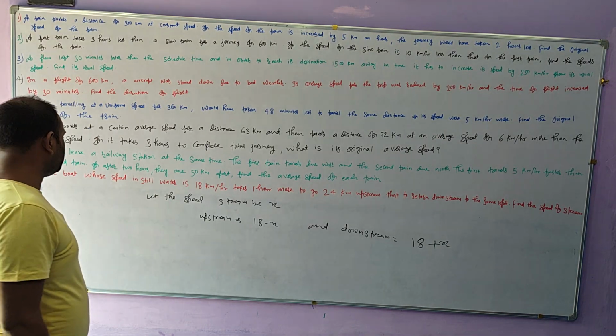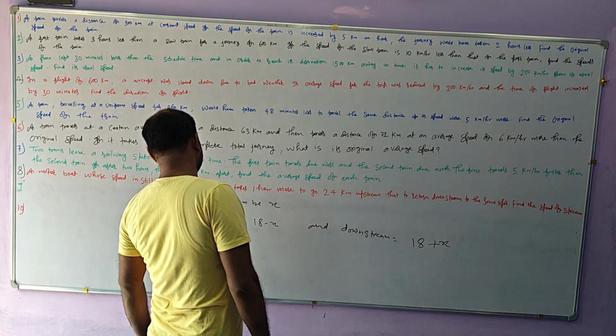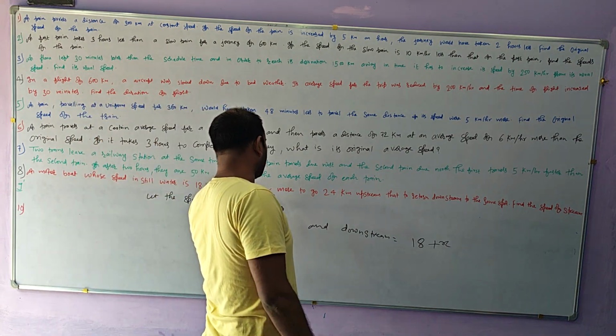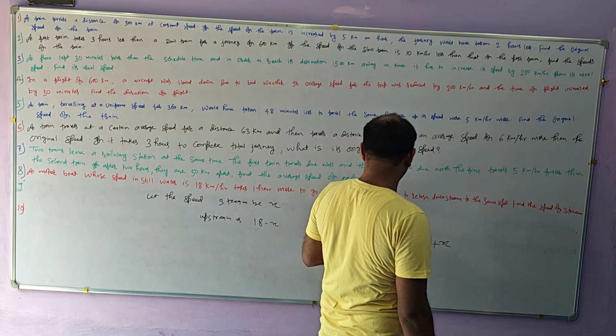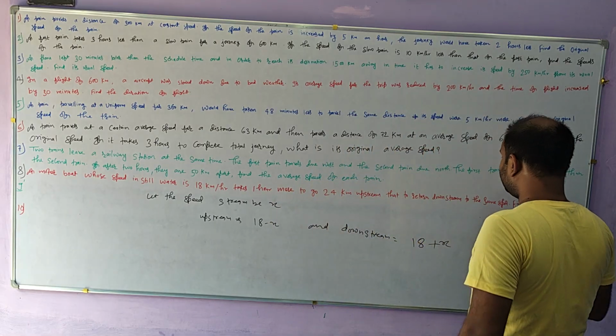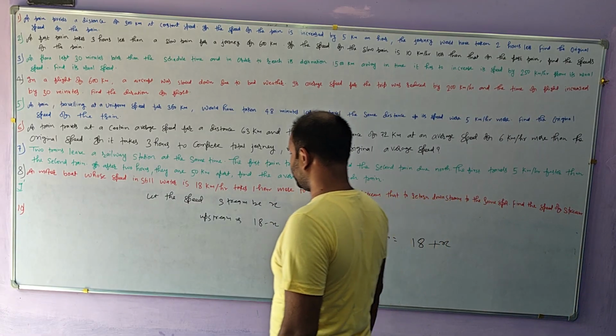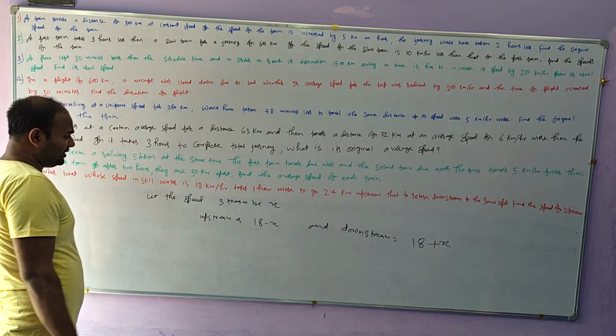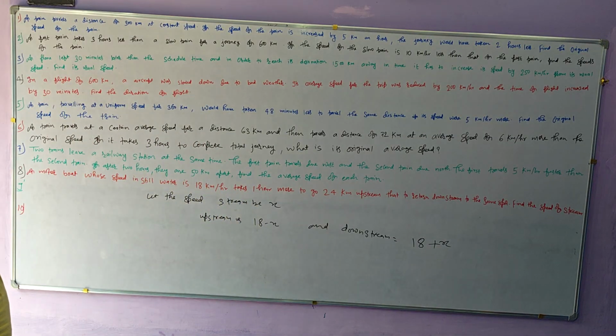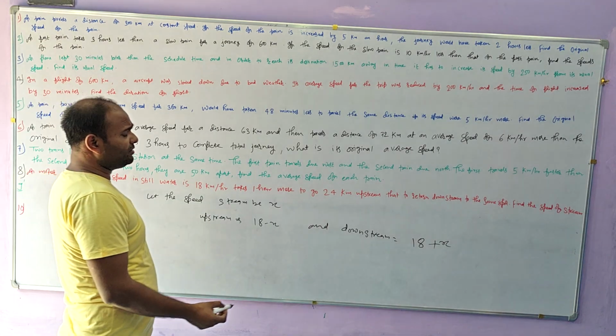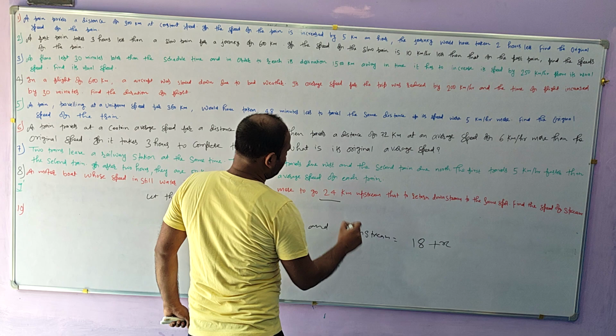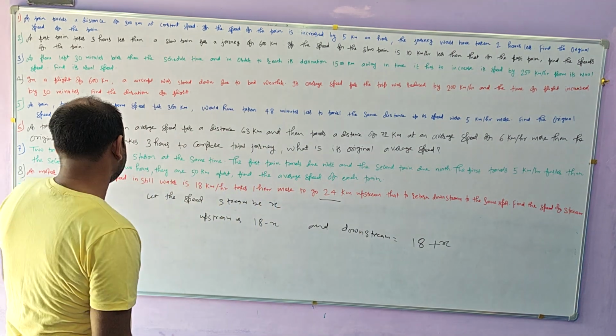A motorboat whose speed in still water is 18 km per hour takes 1 hour more to go 24 km upstream than to return downstream to the same spot. Let me consider the motorboat takes t hours for downstream, then t plus 1 hours for upstream, and the distance is the same for upstream and downstream, that is 24 kilometers.